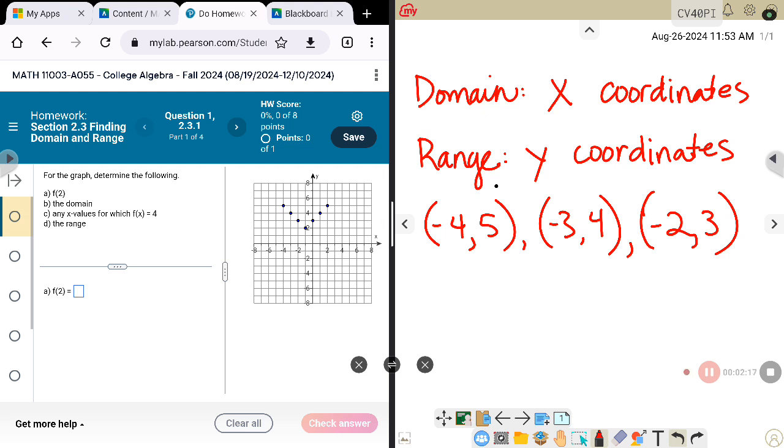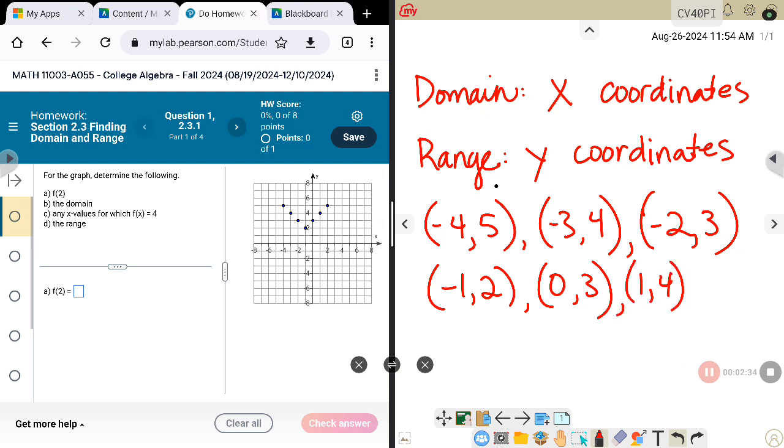So -2, 3, then -1, 2, 0, 3, 1, 4, and then the last point to the farthest right is at 2, 5.